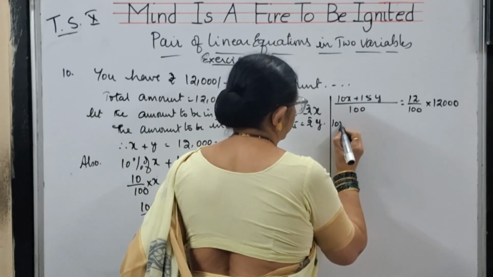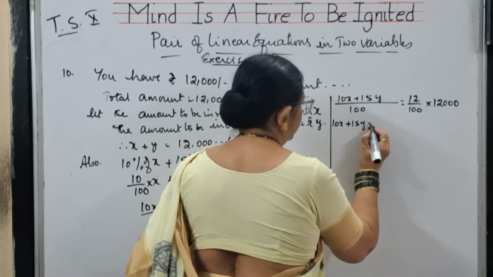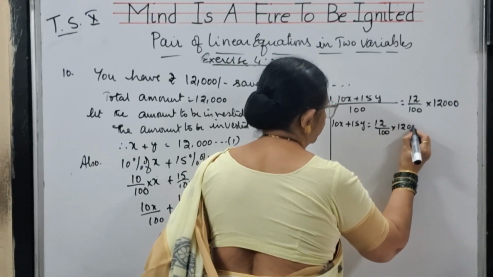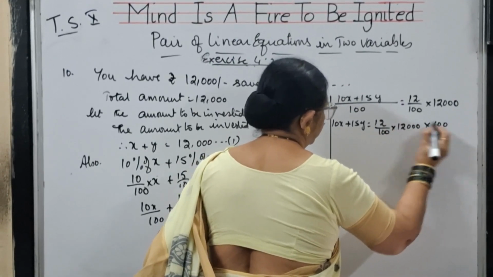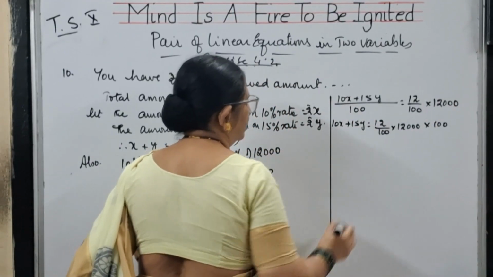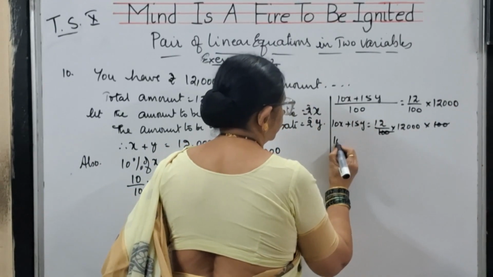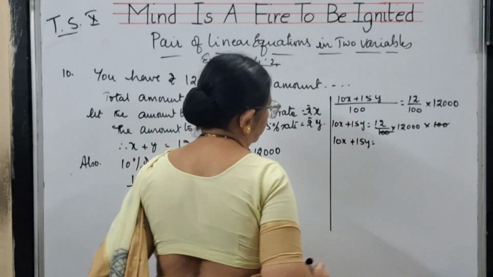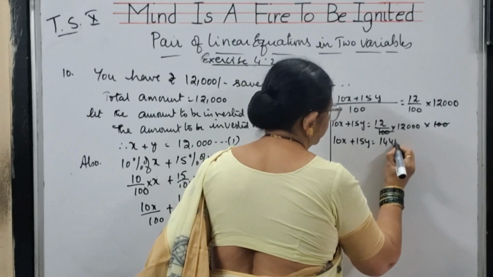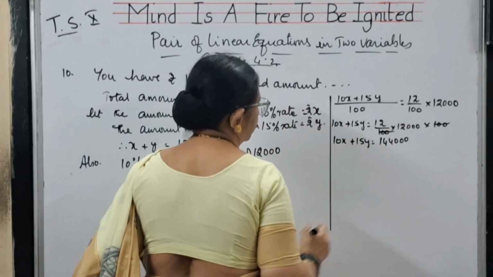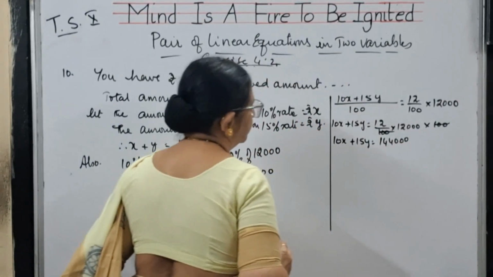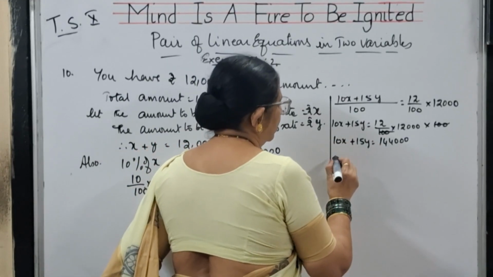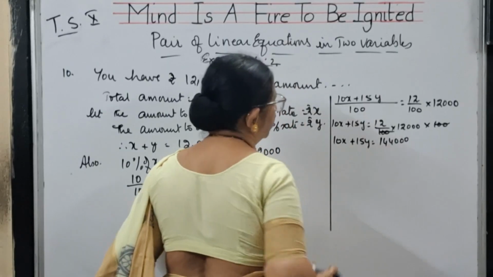That means 10x plus 15y is equal to 12 by 100 into 12,000 into 100. This 100, when it goes there, these two will get cancelled. 10x plus 15y is equal to 12 times 12,000, 12s are 144, 1,44,000. This you can keep as the second equation. I can even divide each term by 5.